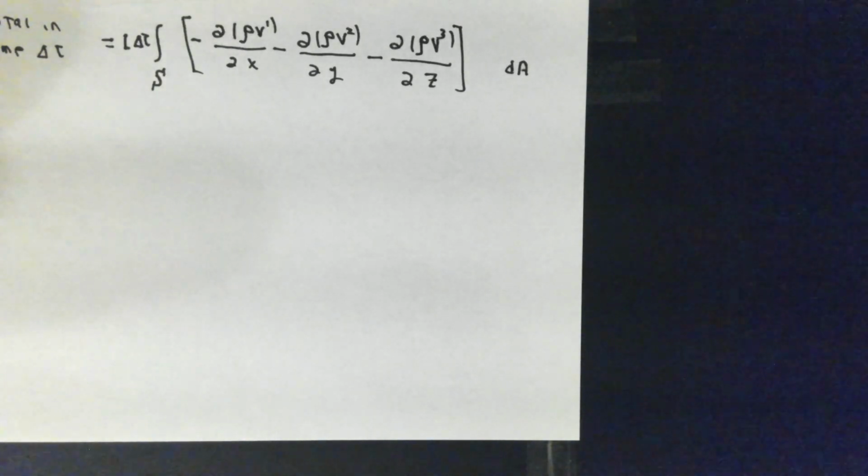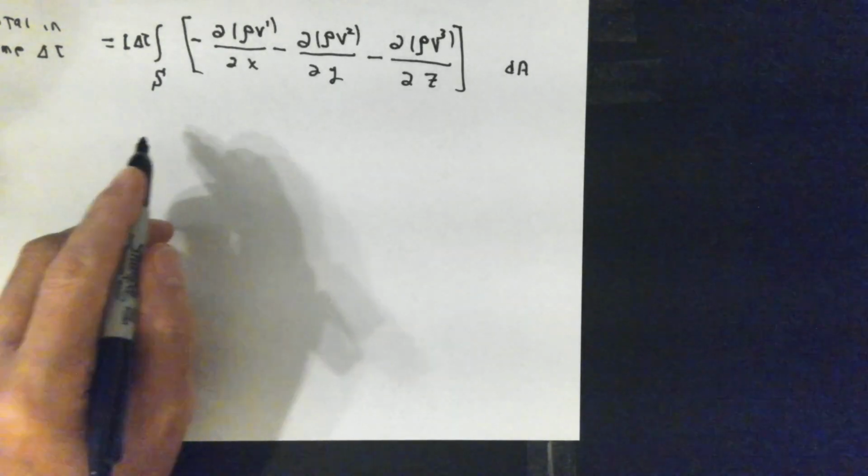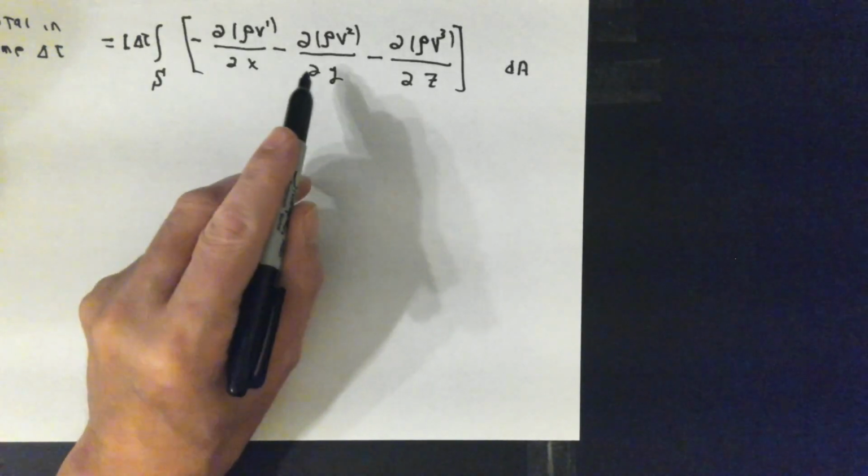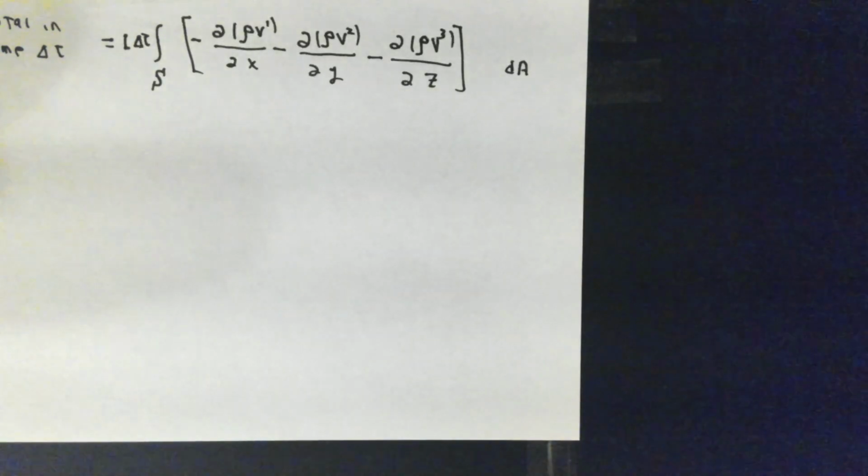The total change in mass within the cube in time delta t is then given by this quantity. I've omitted the locations at which these partial derivatives are being evaluated because in a moment I'm going to take the limit as the size of the cube tends to 0, and it's not going to matter anyway.